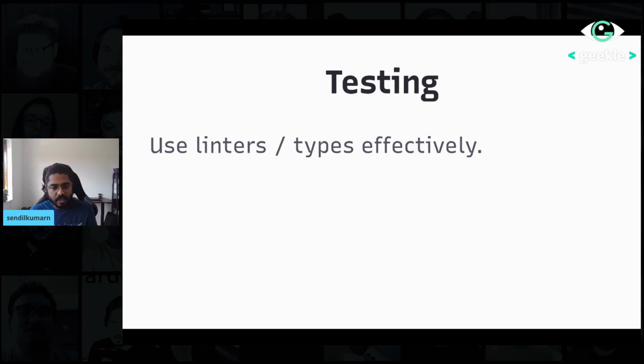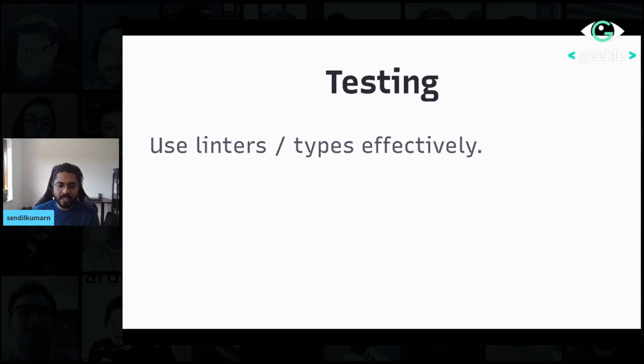Instead of 100% testing, what you can do is use linters and types effectively. With types, you can fix certain problems that are going to happen, for example null or undefined cases that you want to handle. Make sure that you're not putting question marks in your types, which solves a lot of problems for you.